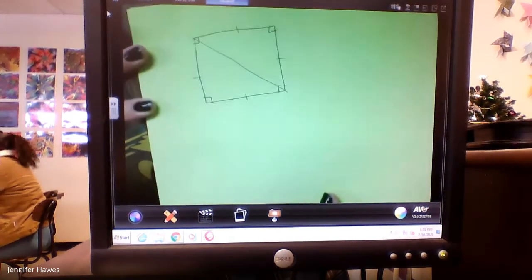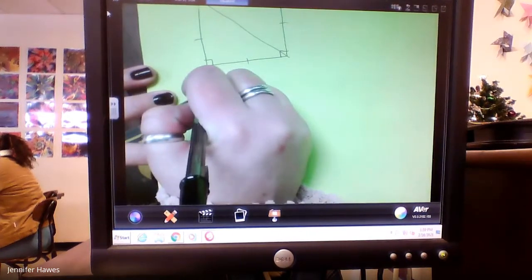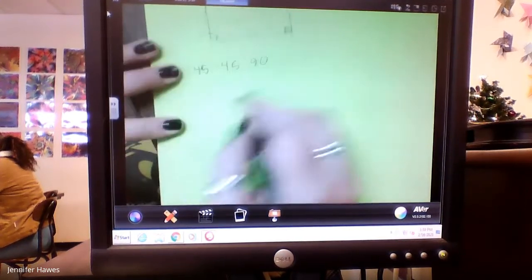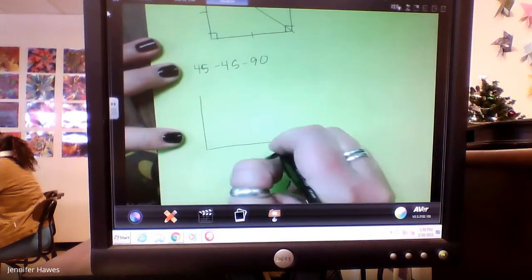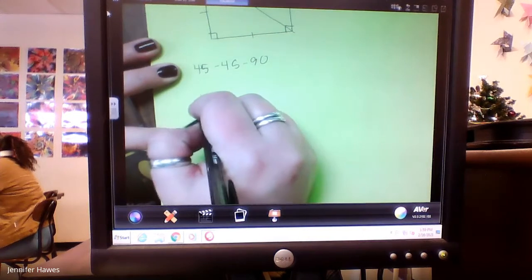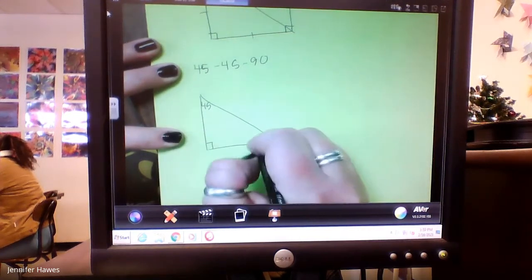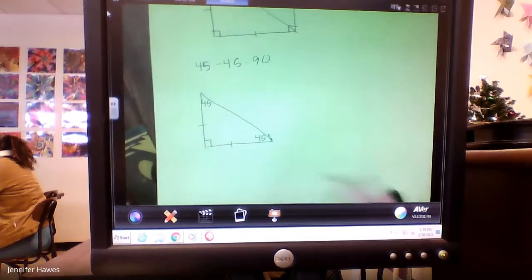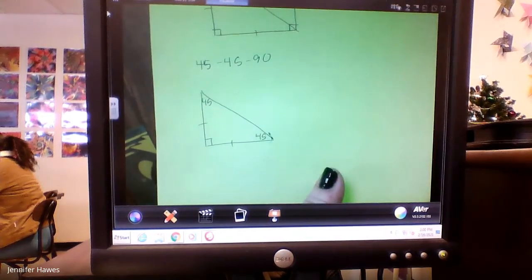Okay, so now I created two triangles right here, right? Okay, so I'm going to come down here. 45, I know my numbers. Okay, so basically what I'm doing is I'm taking this triangle right here and I just rewrote it down here. You don't necessarily have to write this one down.